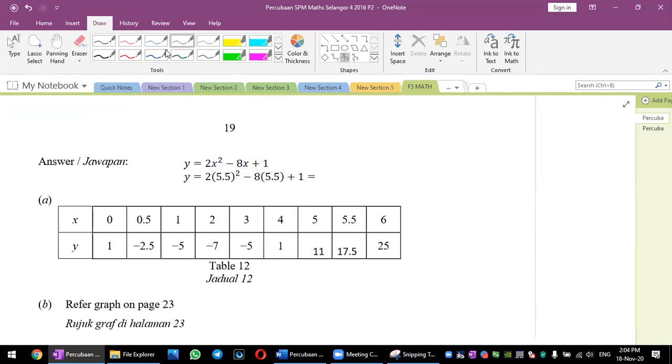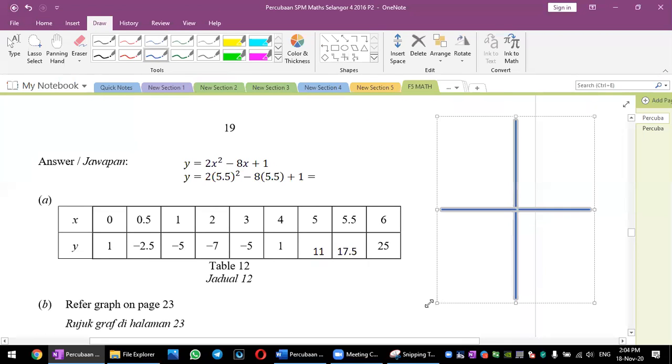Okay, we draw this one for you. First, lakar dulu, sketch like this. Maximum x is 6, minimum x is 0, so tak payah lukis negatif untuk x. Then y, maximum is 25, minimum is -7.